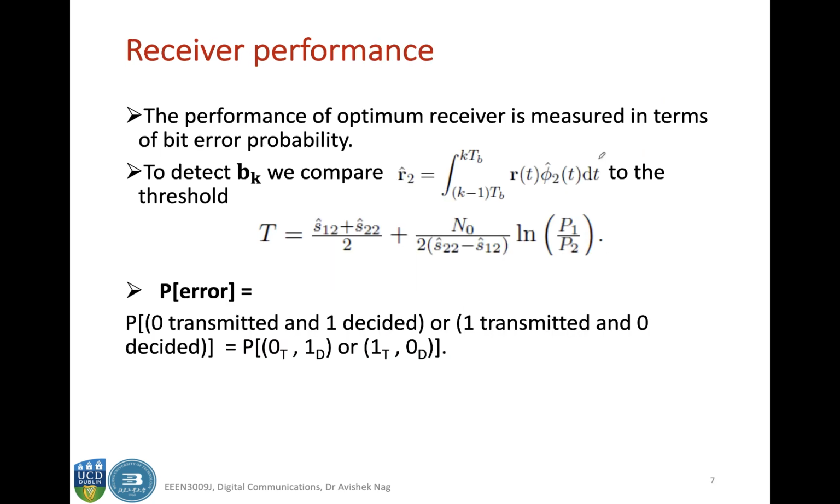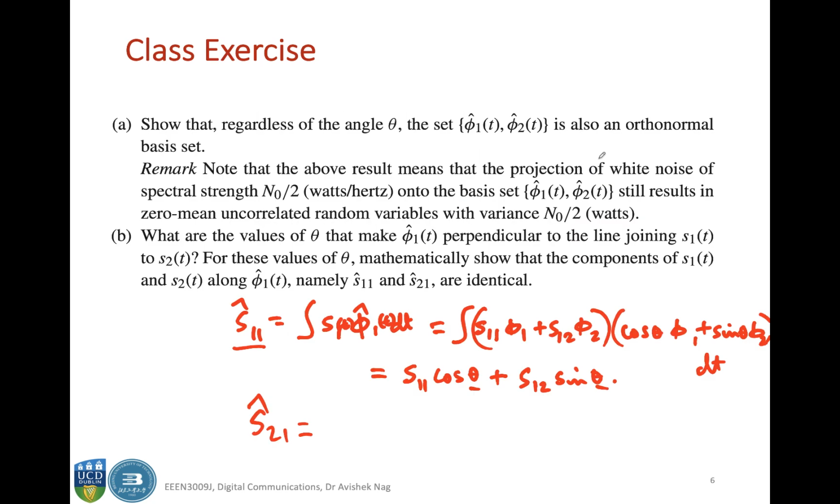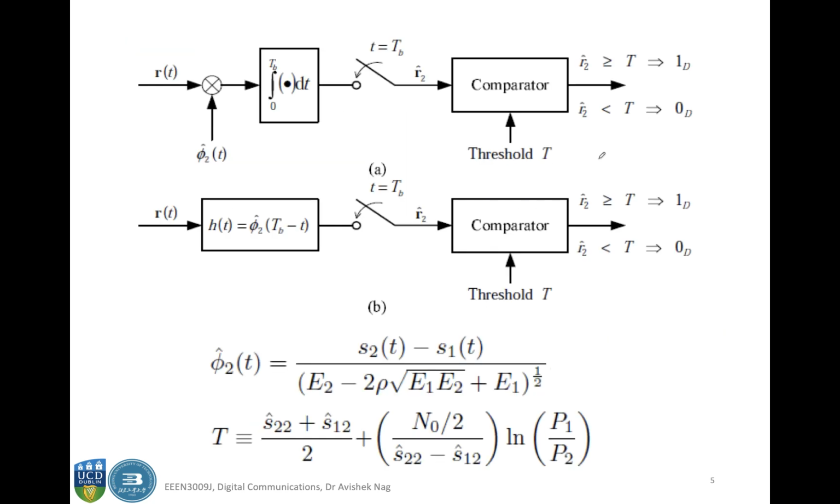So that's why, while we are trying to find out the receiver performance, we will always care about a particular representation of the signal which eliminates the requirement of two matched filters, because we saw that by making some adjustments to the axis of the signal space, we can represent the receiver with a single matched filter.